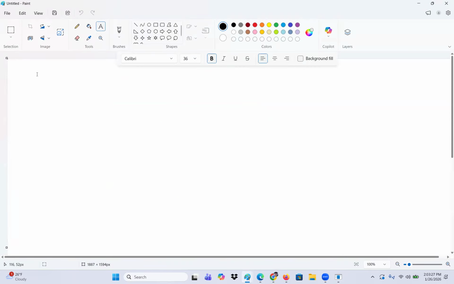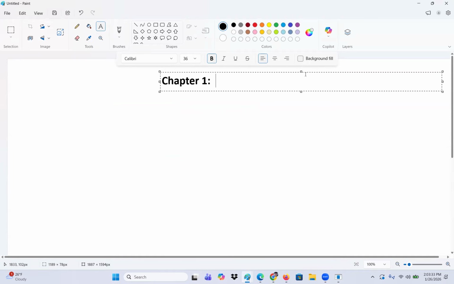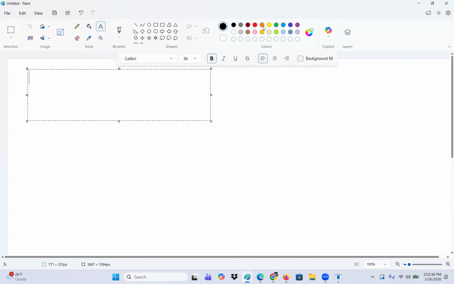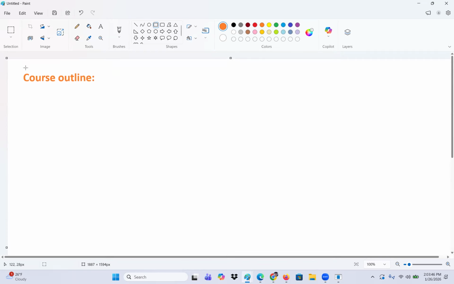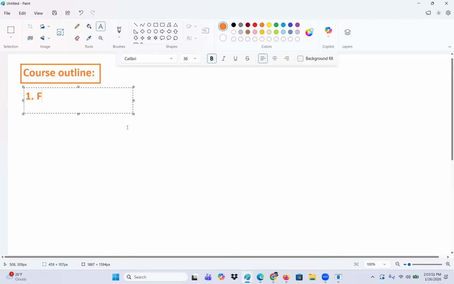So now we're going to go to chapter 1, which will be the function, right? Before that, I just want to let you know about some of the course outlines. So the first chapter, you're going to do the functions, the domain of the function, the range of the function. Okay.